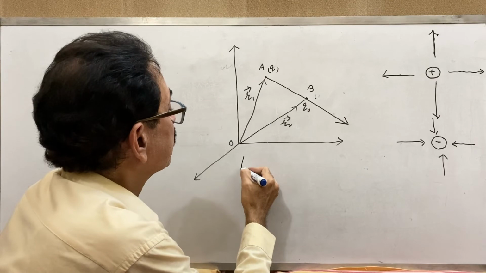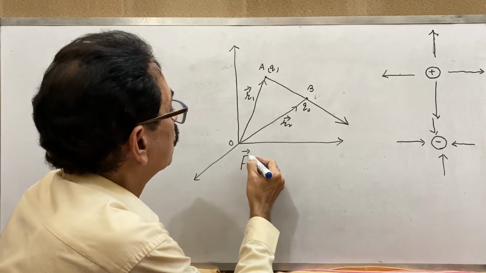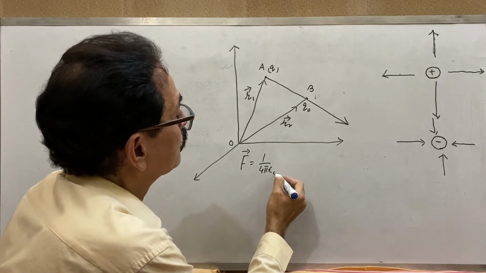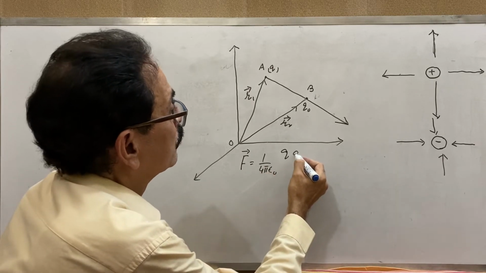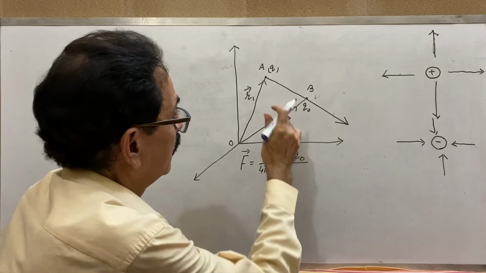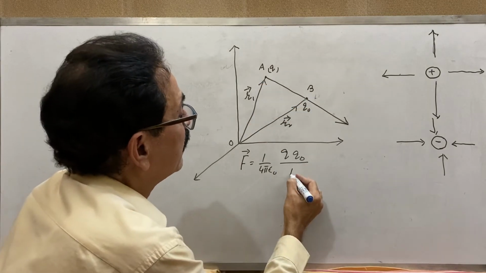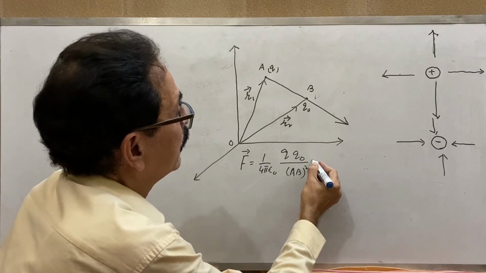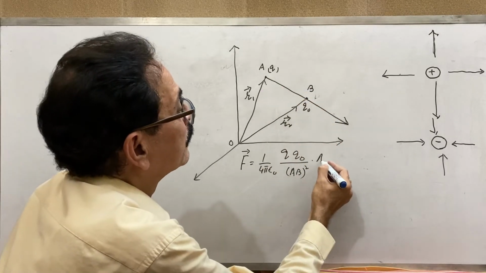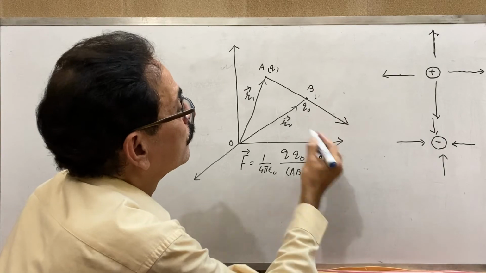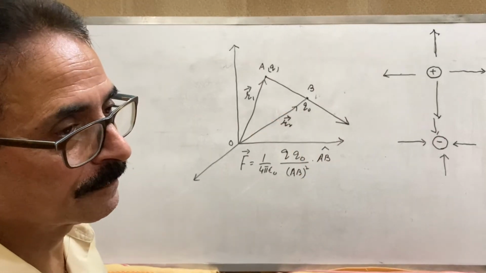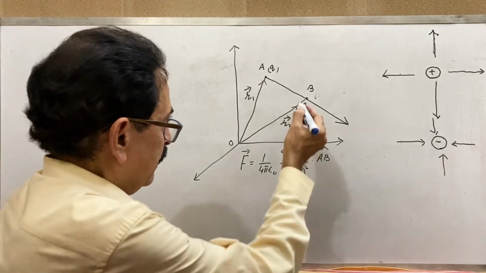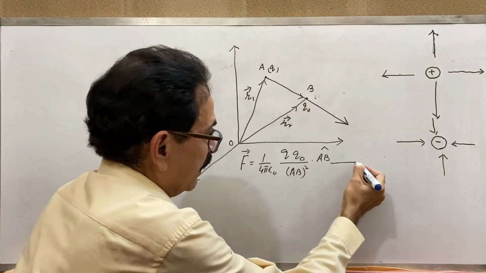We can write here F is equal to 1 upon 4 pi epsilon naught according to Coulomb's law, Q Q0 upon distance from here to here, AB square, into direction is from A to B, AB cap. I will write it like this, AB cap, the unit vector from A to B. Call it 1.